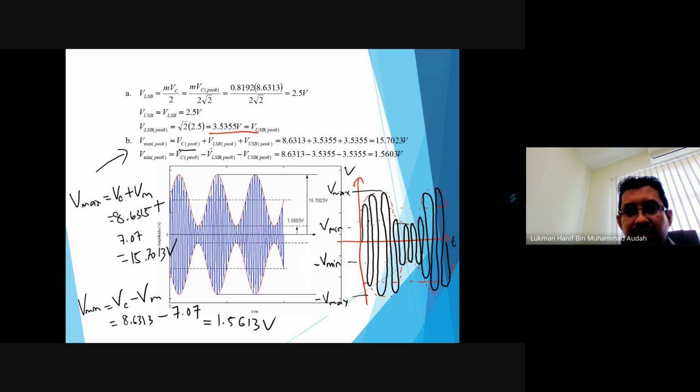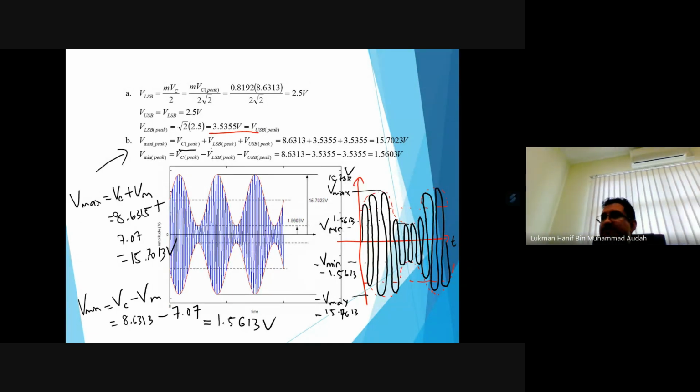This is 15.7013 volt. The other one here is 1.5613 in the graph. So this is negative 15.7013, and this is negative 1.5613. Okay, that's it. You get the graph.